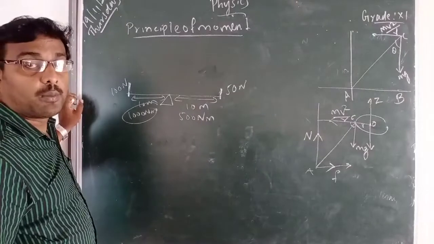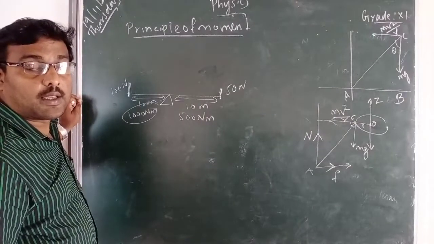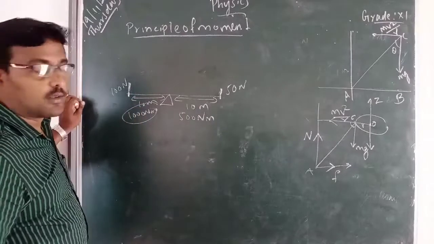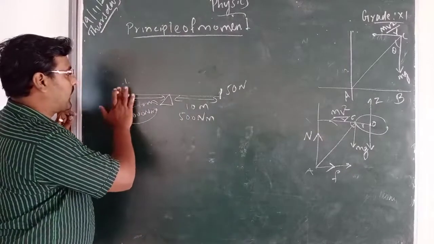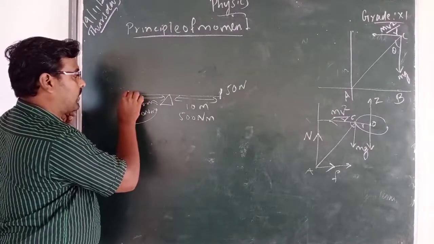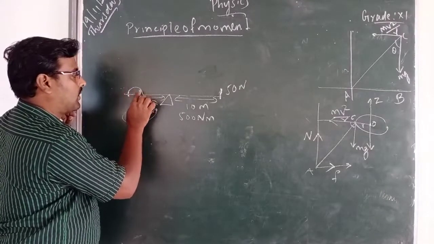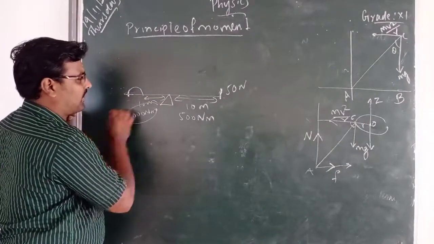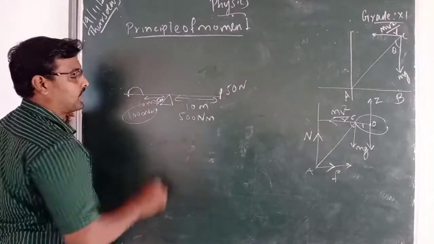Now you are asking your friend to adjust the distance. So your friend moves the distance from here to here, say 5 meters.